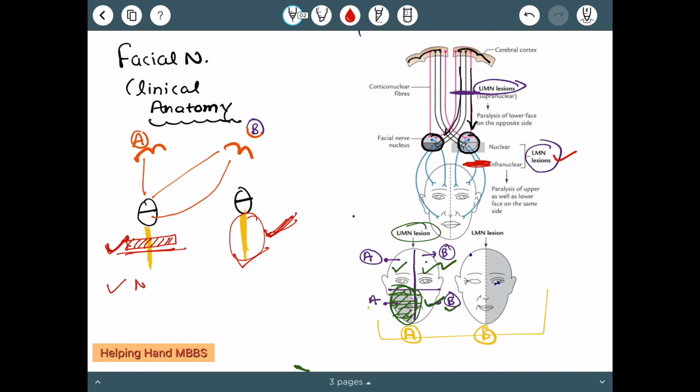Now we know this side, the ipsilateral side, is always affected. And now I ask whether the upper part or the lower part of the face will be affected. See, both the fibers from upper and lower part are coming to this point, and we have cut. Now this is completely cut. So both upper and lower part of the ipsilateral side will be affected.